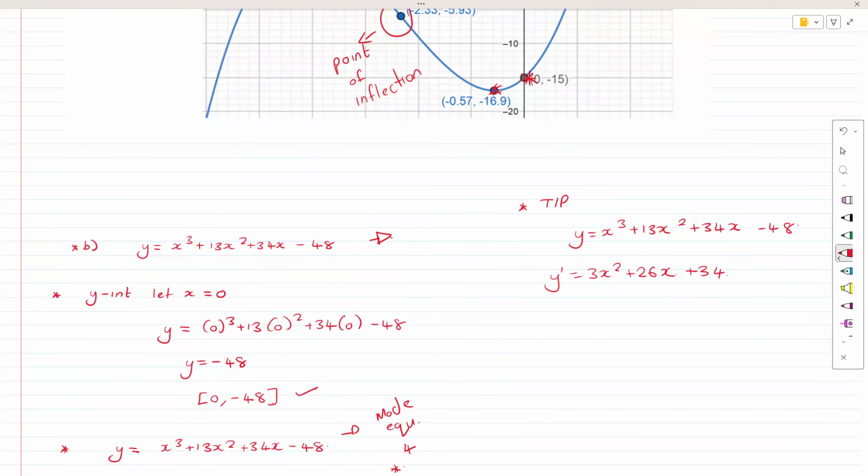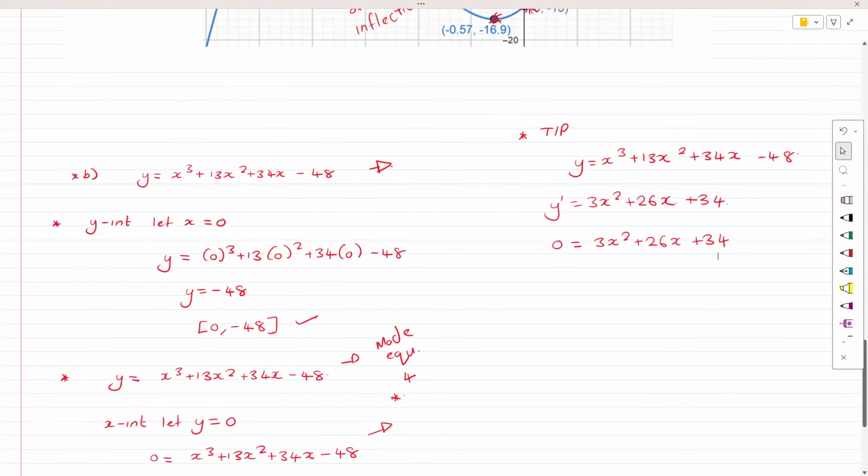And if we let this equal to 0, and we use the minus b formula, we get minus b plus or minus the square root of b squared minus 4ac all over 2a, right? After substituting, what do we get for x?